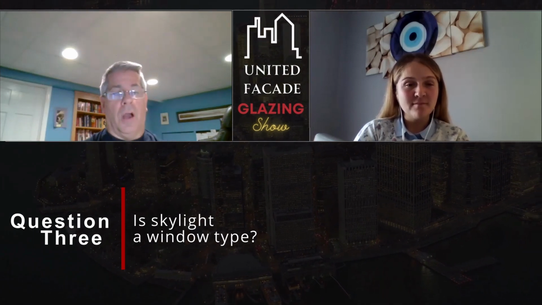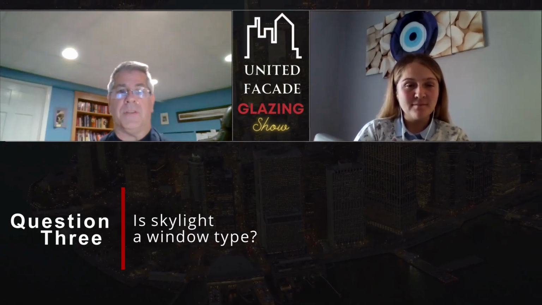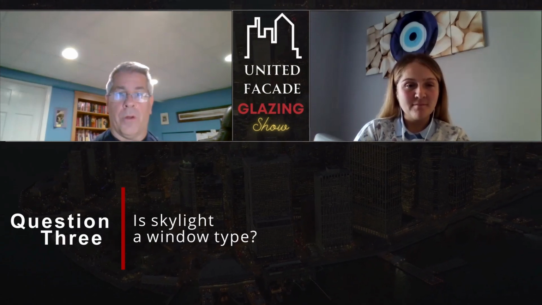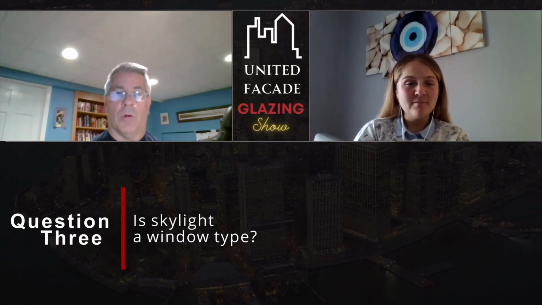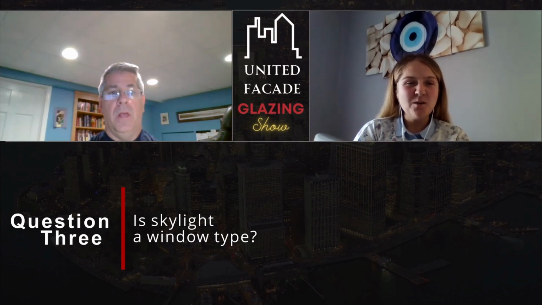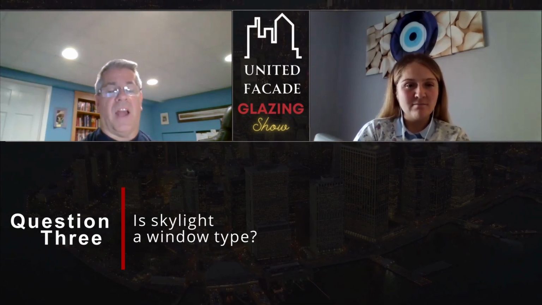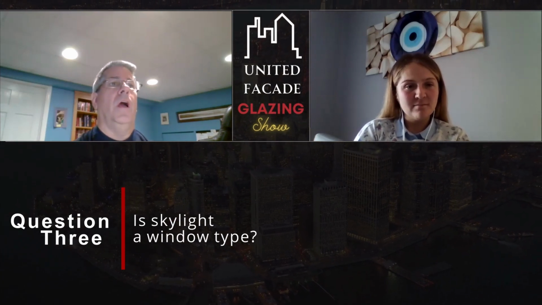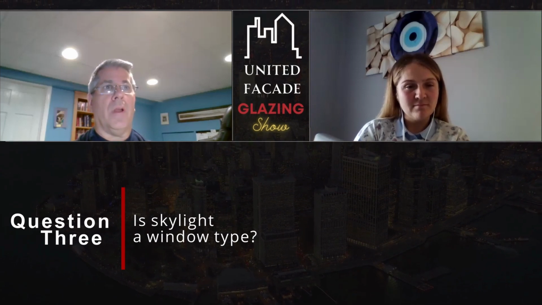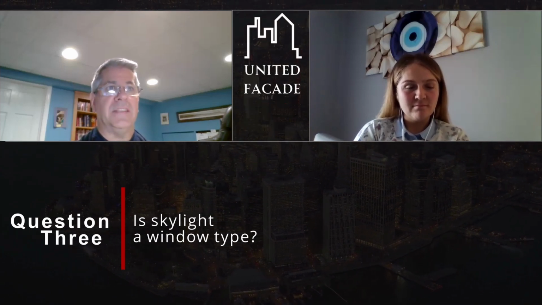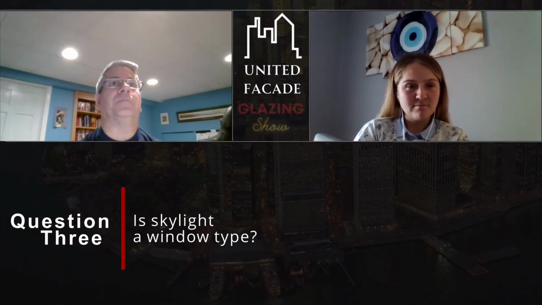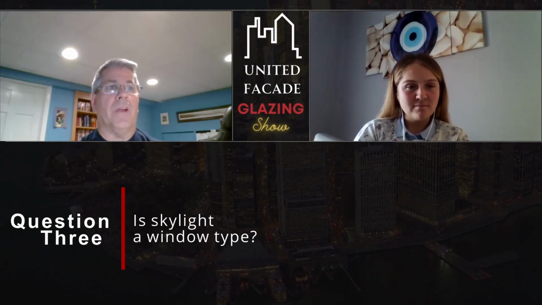So in, again, colder or wet climates, you could have standing water, snow, sleet, or ice sitting on top of it. So these skylights will have a little bit more secure type of glazing application, where it's going to be sealed.